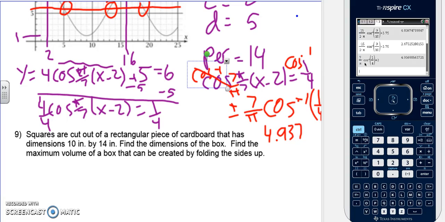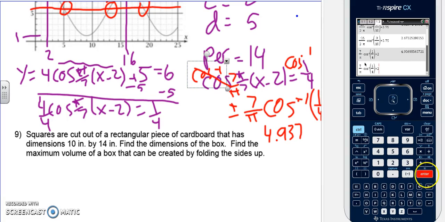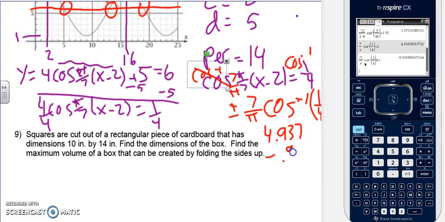And then we want to do the same thing. We want to type it in to get the other answer. So I'm going to copy and paste it. Go all the way to the front, put a negative sign. Negative 0.937. Now, it says the first 3 positive values. So this answer will be rejected, but I need to add the period, which is 14.